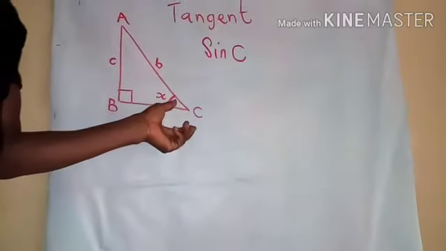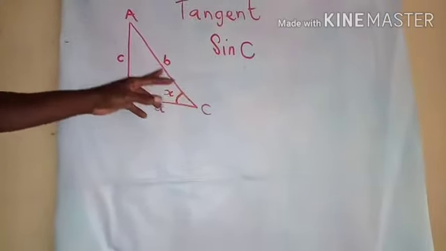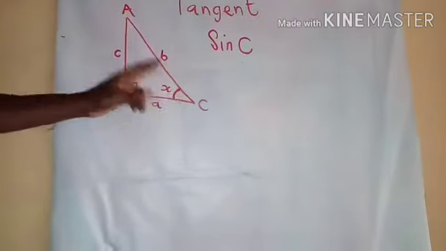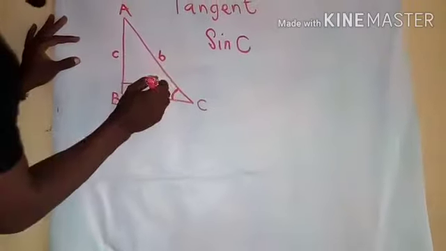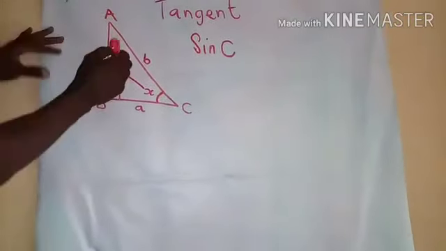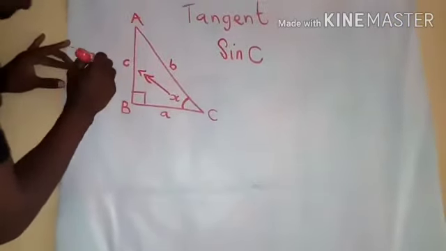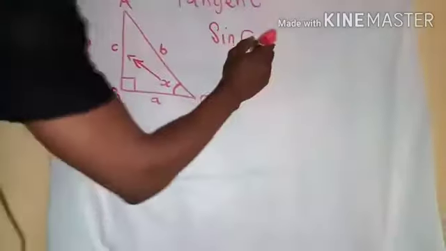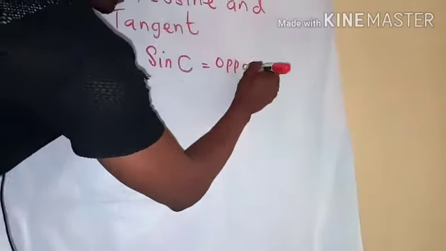So since C has claimed the angle, the side opposite this angle, which is small c, is called opposite. If you see, it is facing it. So automatically, these have claimed the name opposite.